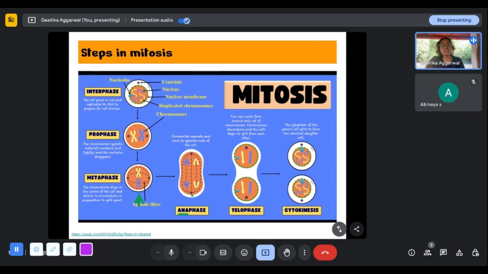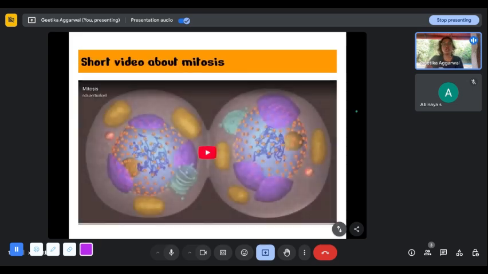In the next phase, these centrioles move further apart, and they're also pulling the sister chromatids apart by shortening of these spindle fibers. And then in the telophase, the nuclear membrane gets formed again, and then cytokinesis really happens. So these are the different steps of mitosis.